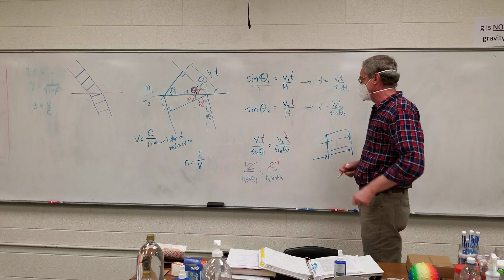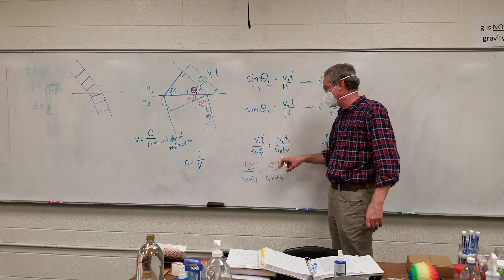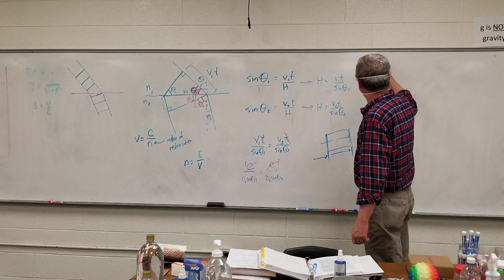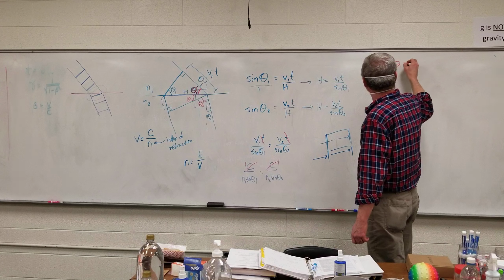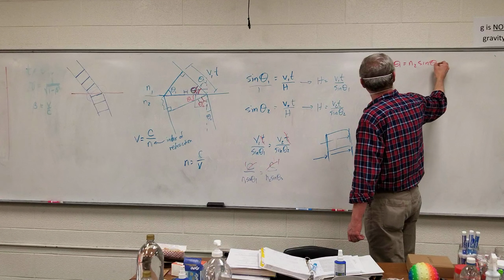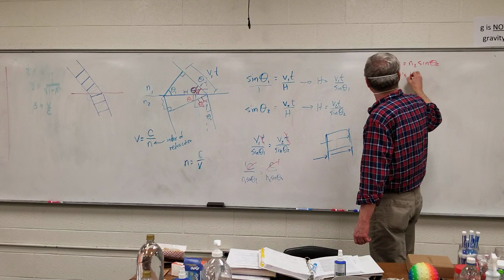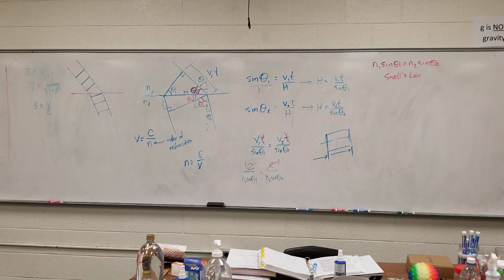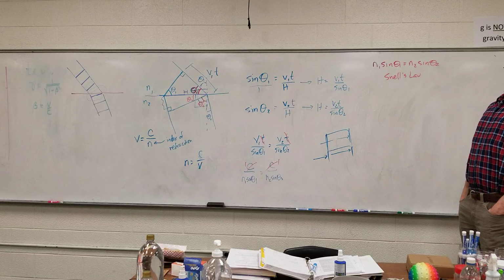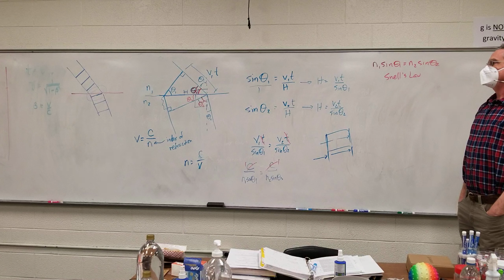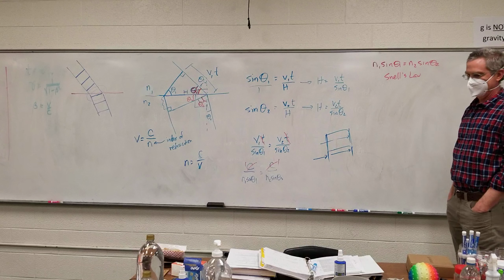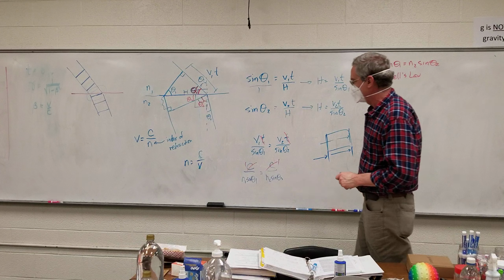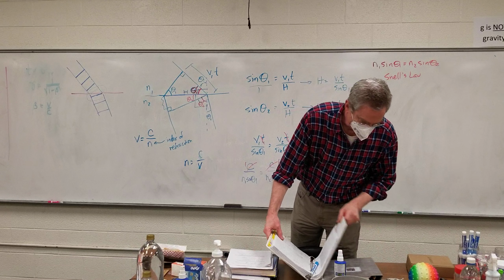Just take the reciprocal of both sides, or bring them across the equal sign. And you end up with Snell's law: n1 sine theta 1 is equal to n2 sine theta 2. And that's the equation that I wrote up last week. Questions?